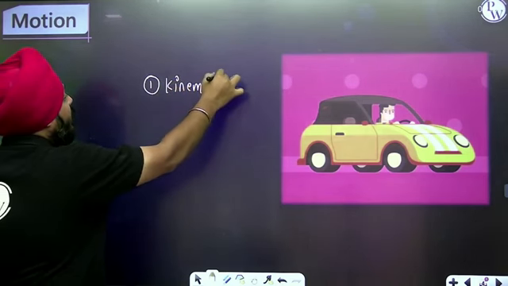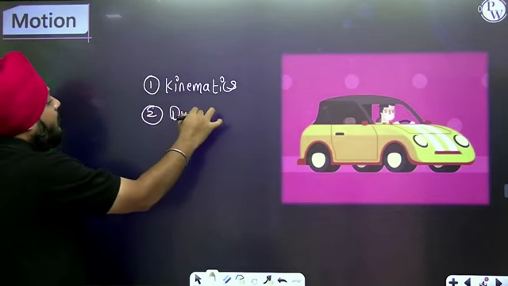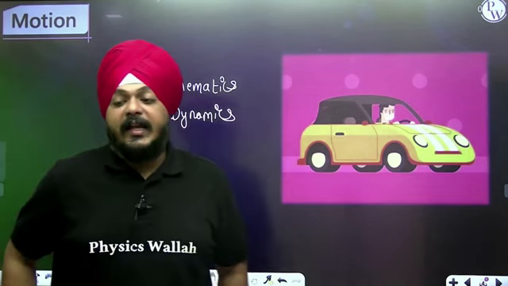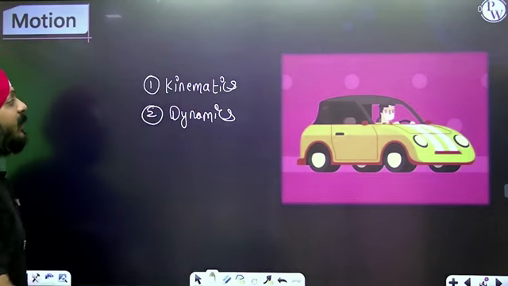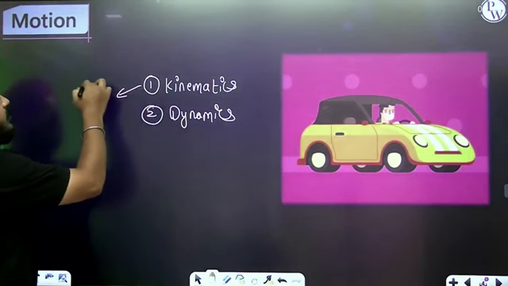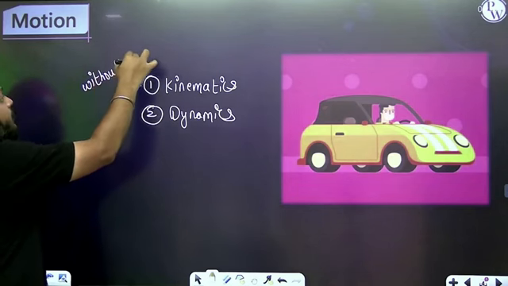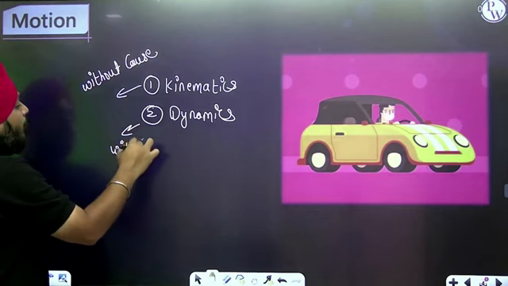So we are going to deal with two branches. This is the first one, that is kinematics. Second, that is dynamics. Kinematics, see, this entire chapter is kinematics. It is the study of motion without cause.